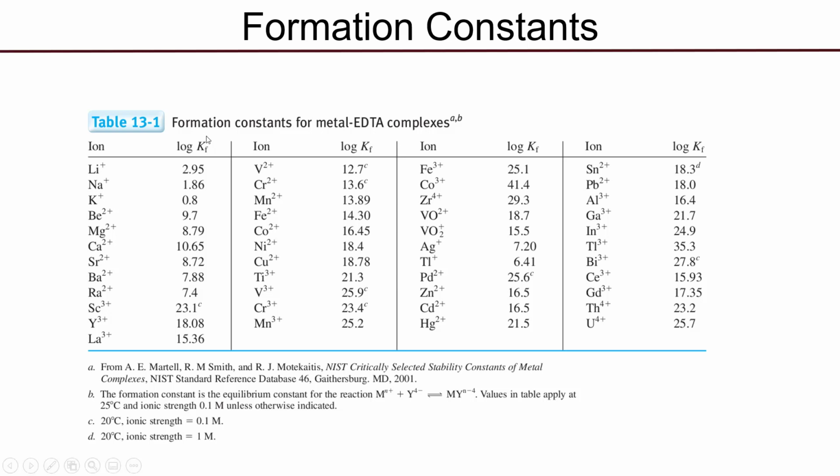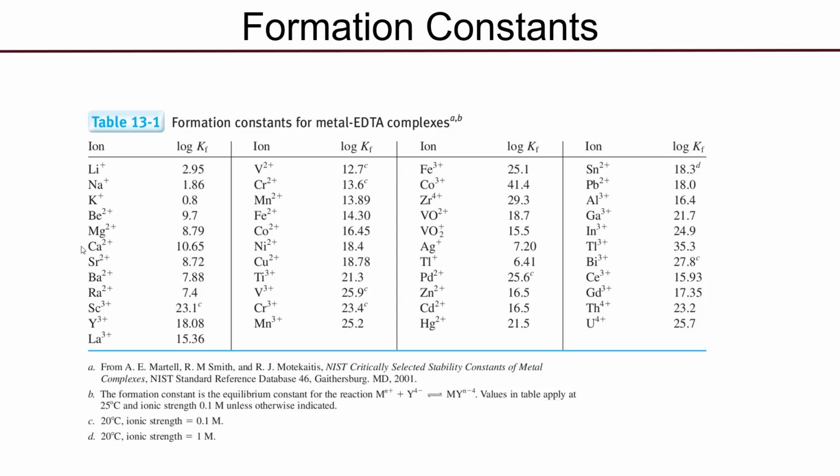The formation constant value is indexed as the log of the formation constant. So if you're interested in calcium ion being complexed with EDTA, which we will be shortly, the base 10 log of the formation constant is 10.65, which means that the actual equilibrium constant of formation for calcium reacting with EDTA is equal to 10 to the 10.65.